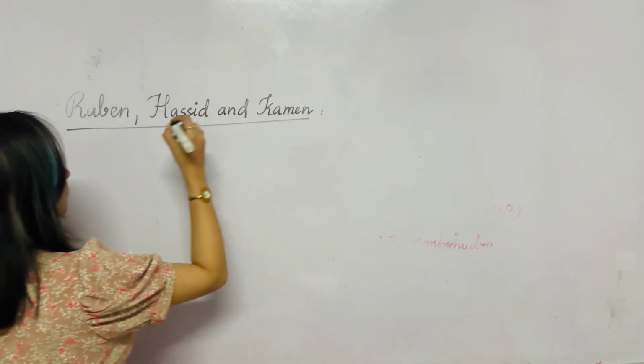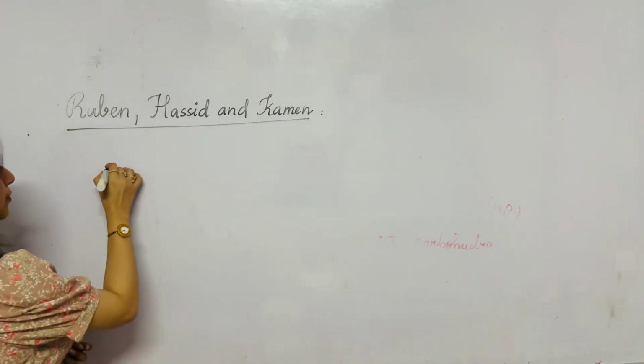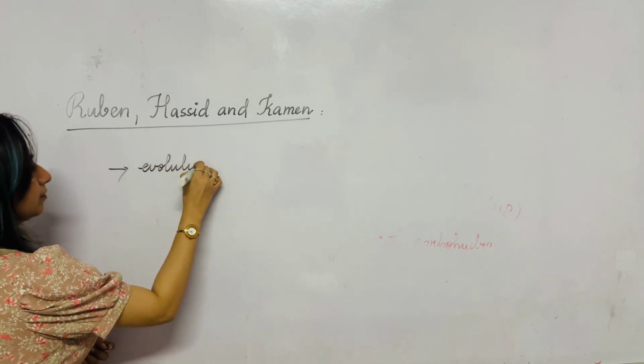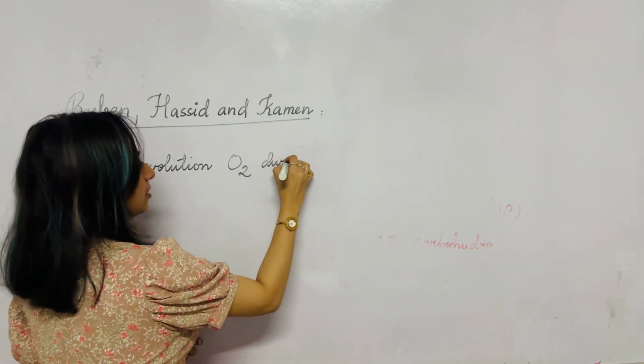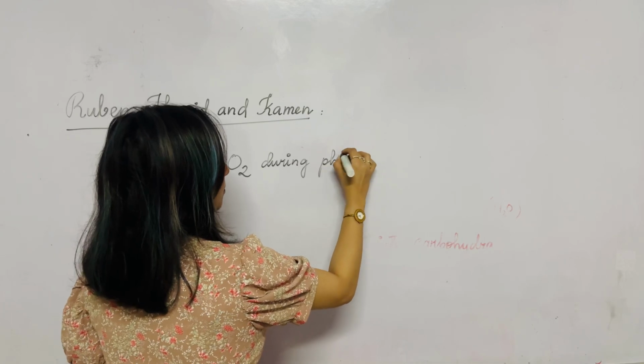So in 1941, Ruben, Hassid, and Kamen experimentally proved that evolution of oxygen during photosynthesis is from water.